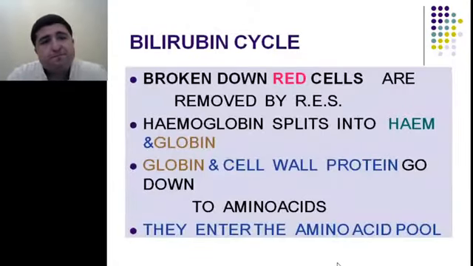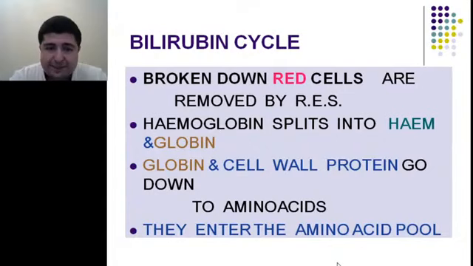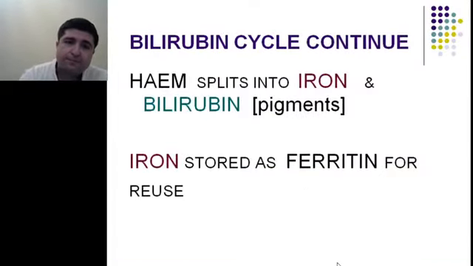So, what is the bilirubin cycle? There are several steps. First, broken down red cells are removed by the reticuloendothelial system. Hemoglobin splits into heme and globin. Globin and cell wall protein break down to amino acids and enter the amino acid pool.